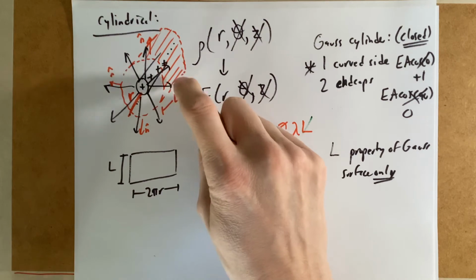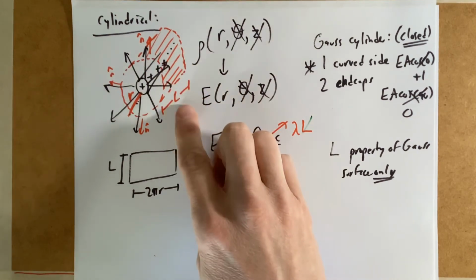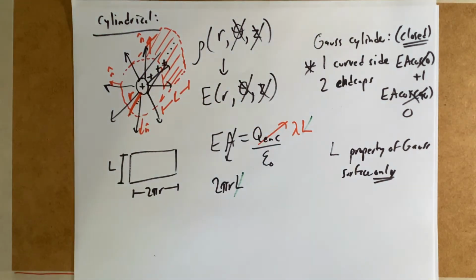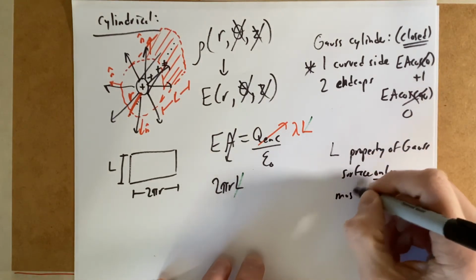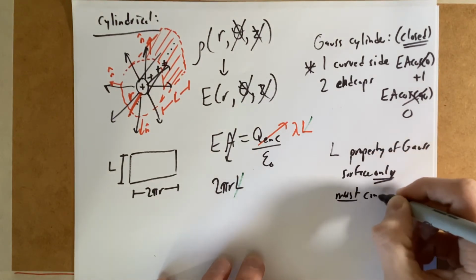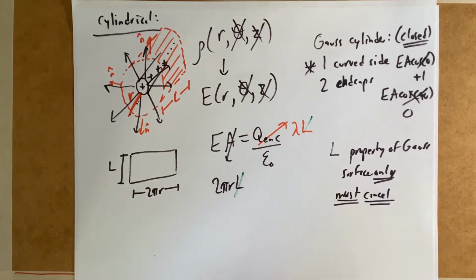Once you take away the Gaussian surface, L has no meaning in this system whatsoever. It must cancel. So when you are working in this geometry, if you have L left in your final field answer, you have done something wrong. Double check your work. Do not include L in your final answer.